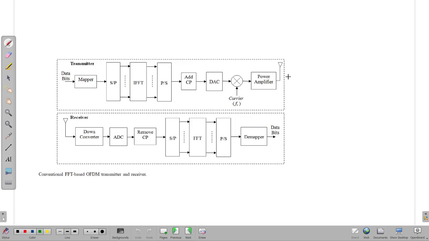And let us see how this problem of PAPR comes into picture. We are talking about PAPR, peak to average power ratio. So here from this point till this point, you have your discrete signal.